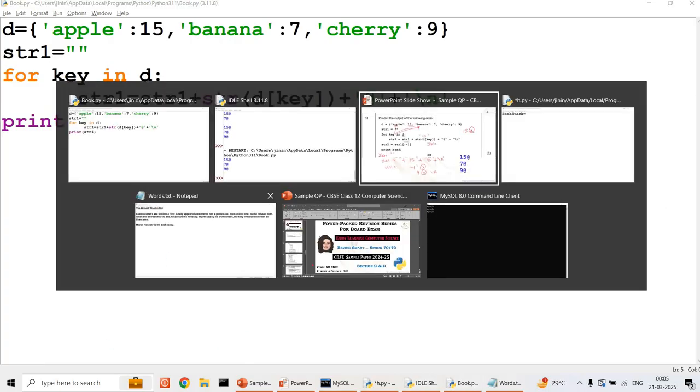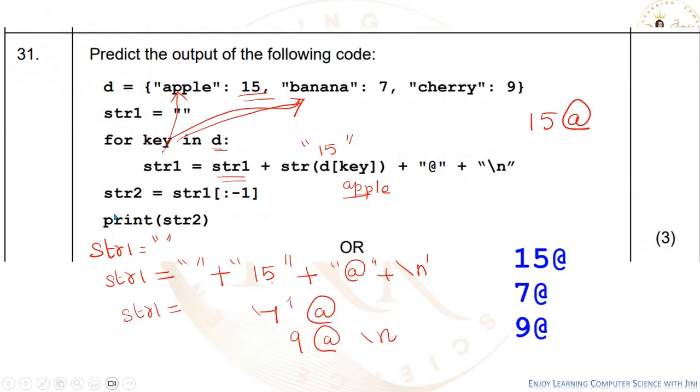So here the question is not over yet. Now str2, string 2, is equal to str1 of :-1. That means starting index is not given. What is the ending index? -1. Ending index -1 means the \n. Consider you have a \n everywhere. So what is the last index? -1.